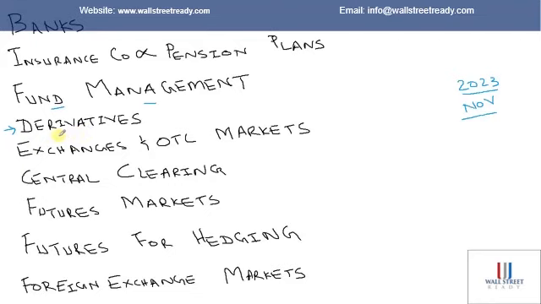Having said that, I would not advise you to skip it, still go through it, but I'm not going to cover it here because derivatives runs across the whole of book 3 and also book 4. Then these two sections, exchanges and OTC markets, and central clearing.